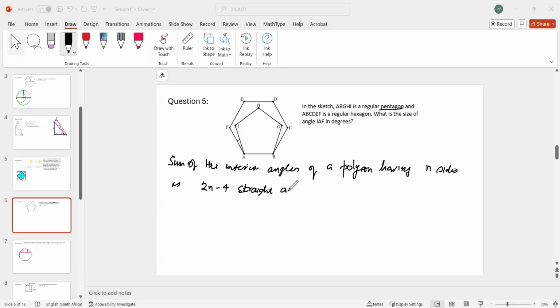By straight angles, I mean 180 degrees. It's an easy way of expressing it.